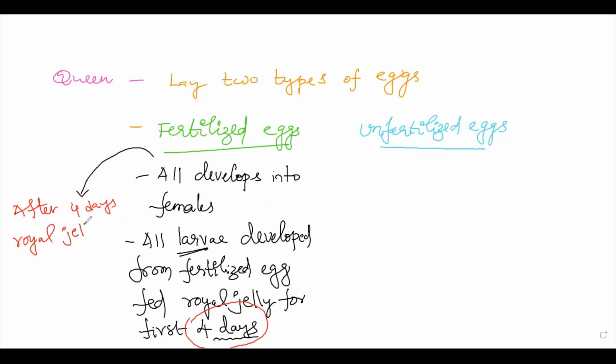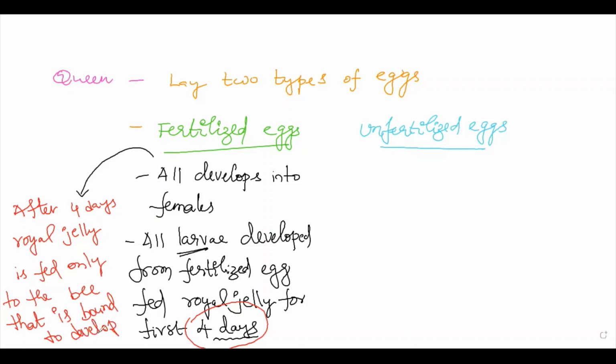After 4 days, royal jelly is fed only to the bee that is bound to develop into the next queen.